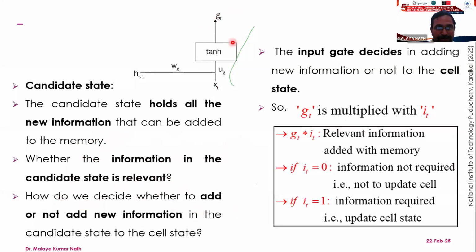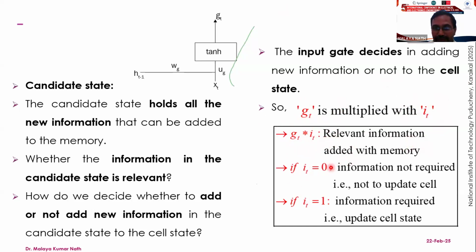That will be represented by GT. The input gate decides whether to add the new information to the cell state. So now GT is multiplied with IT. If it is multiplied with IT, the relevant information can be added into the memory.